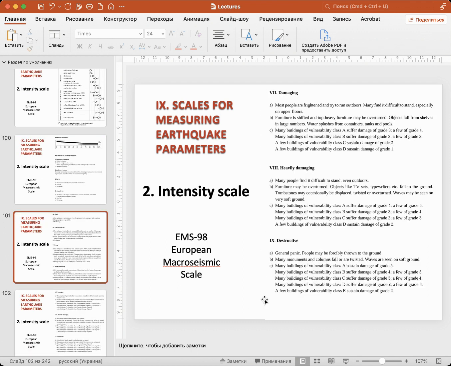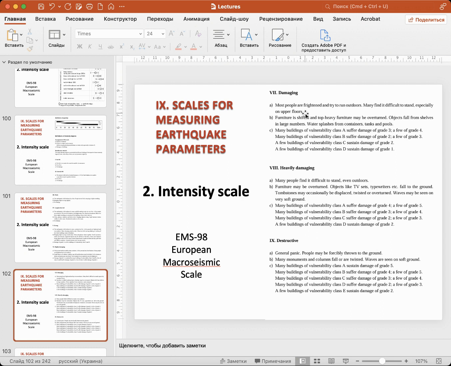For example, when we are analyzing the earthquake with intensity degree 7, what can we find? First, the objects of an earthquake: people.